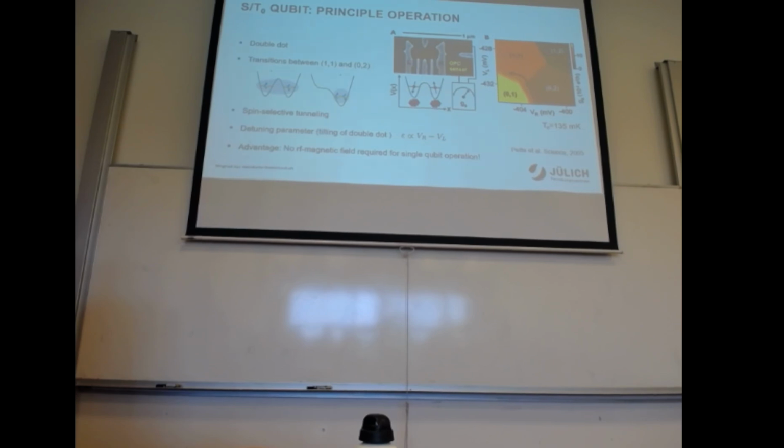I will show you tomorrow that for the donors in silicon, we still do it with magnetic fields mostly. That is a whole different story, and I didn't want to touch upon it too much, but there we have EDSR, because spin-orbit, spin and position are now coupled, so we can use electric potentials there.